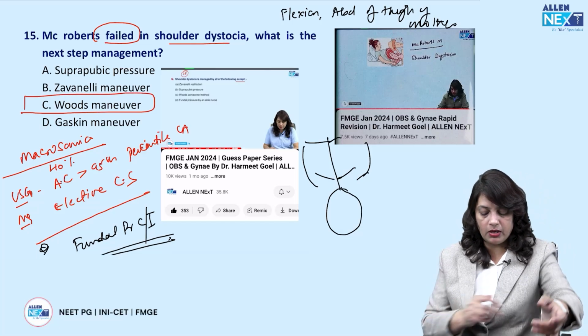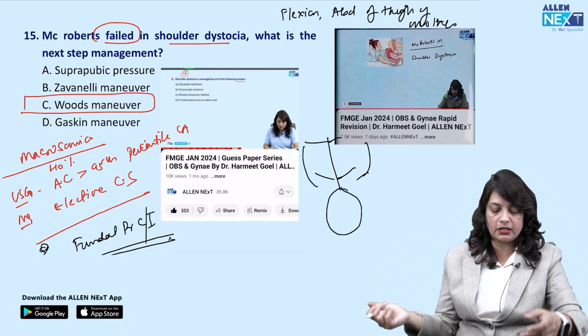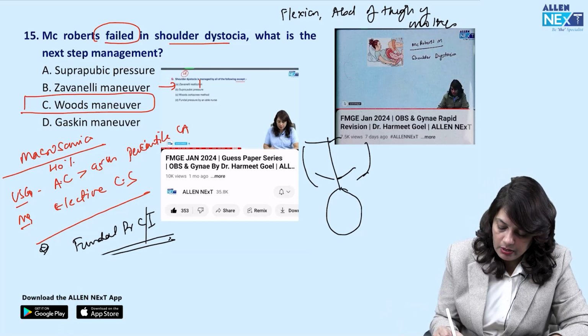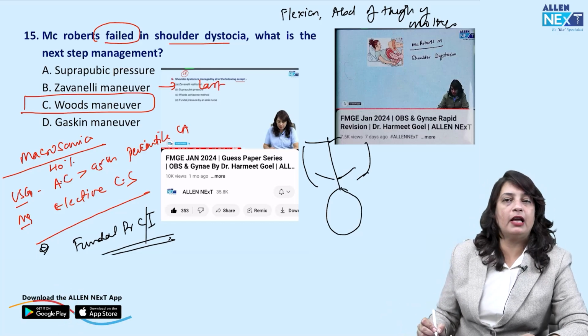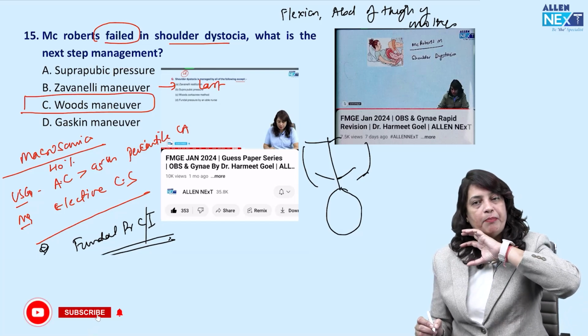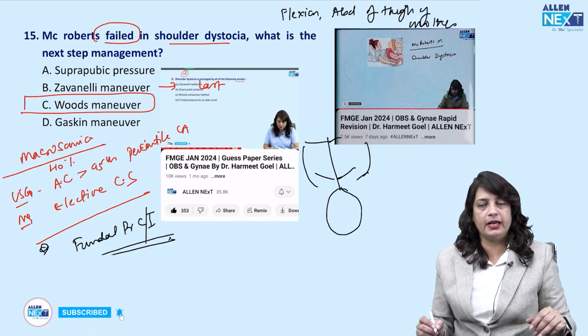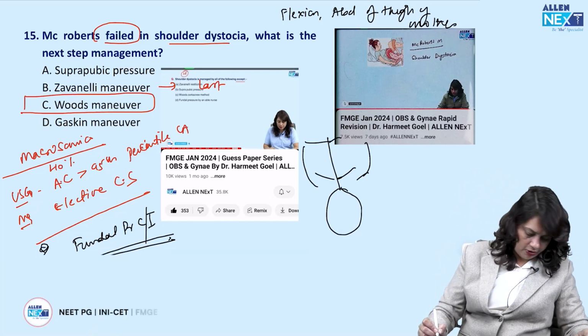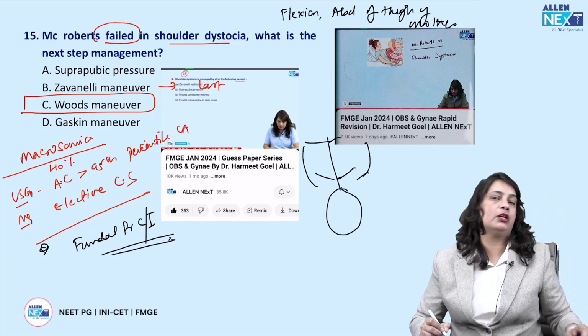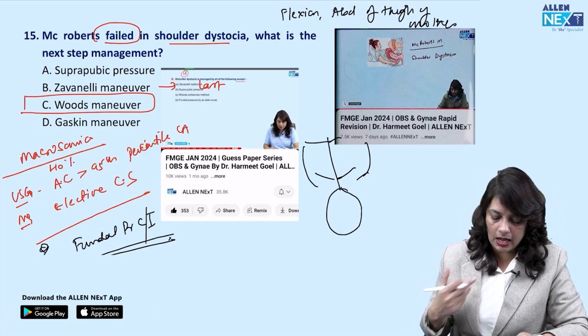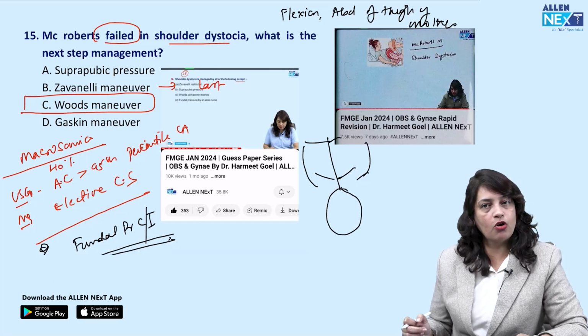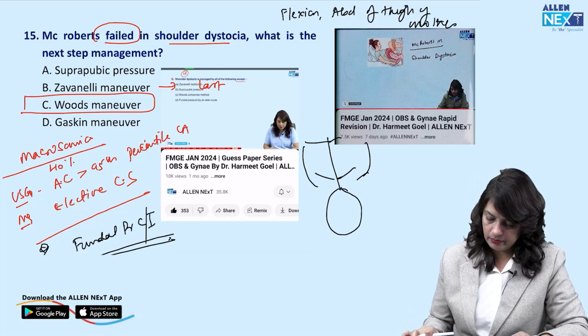Rubin's maneuver and Gaskin's maneuver come next, and the last maneuver to be done is the Zavanelli maneuver, where you push the fetal head back and perform a cesarean section. And the last one is cleidotomy. Nowadays, cleidotomy is usually not being done. So the answer to this question is the Woods corkscrew maneuver.